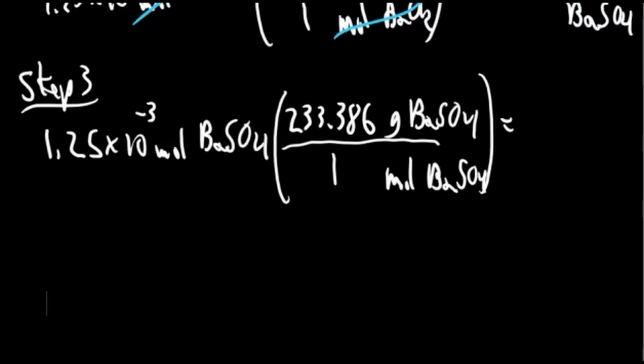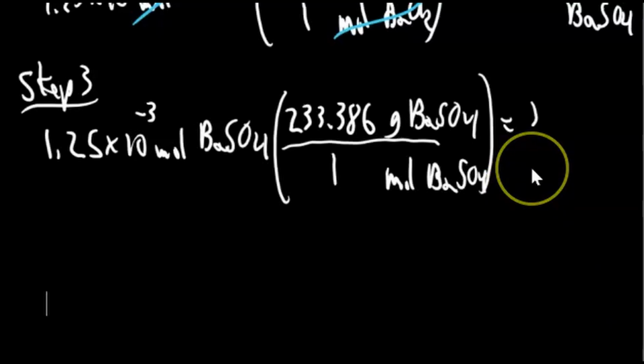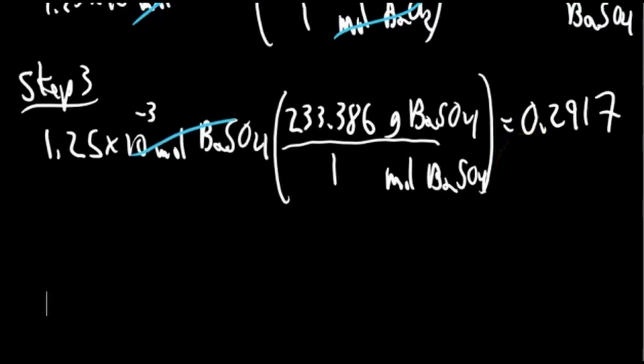Just want to double check that. Yep. Okay. Alrighty then. So we'll take that number, 0.00125 times 233.386, is 0.2917. And our units are, we cancel out barium sulfate, and we're left with grams.